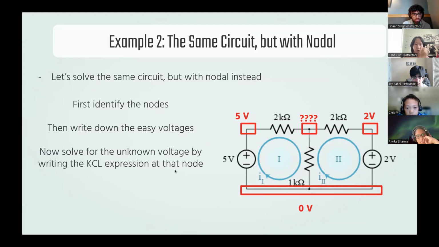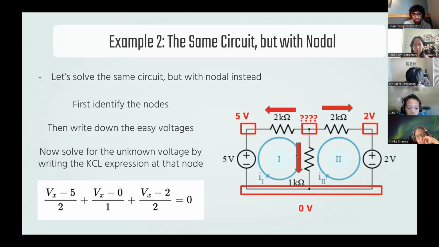Then we can solve for the unknown voltage by writing the Kirchhoff's current law expression for that node. We're going through it quickly because we've already gone through this in past lectures, but the missing thing is Vx. We have 5 over here, so the current through the resistor is (Vx minus 5) over 2, and then we do the same thing for each of these.